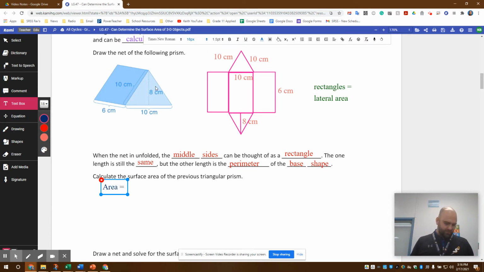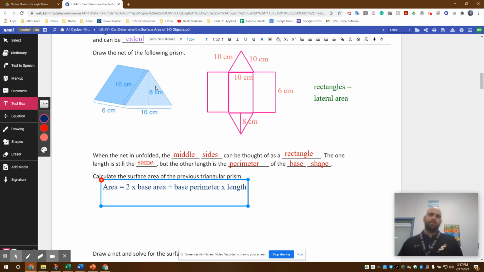So the area is going to be 2 times the base area plus the base perimeter times the length of our shape. And now we're going to have to put it into formulas here.